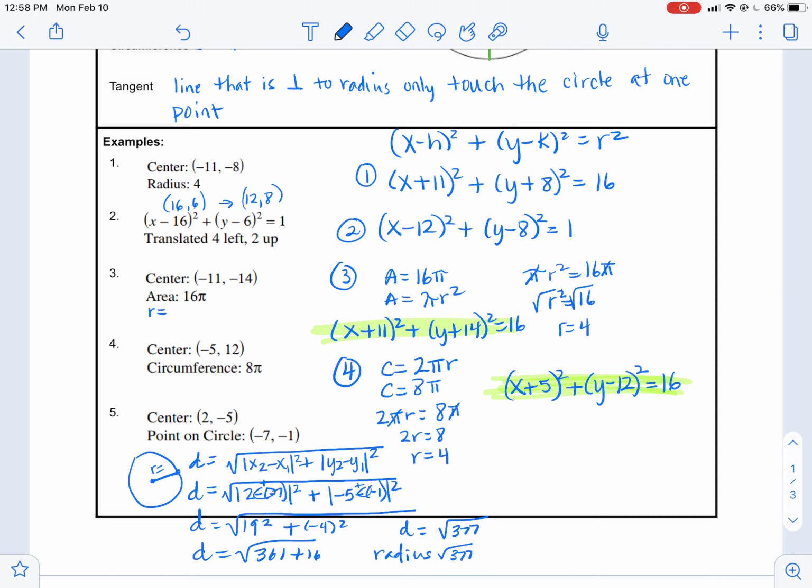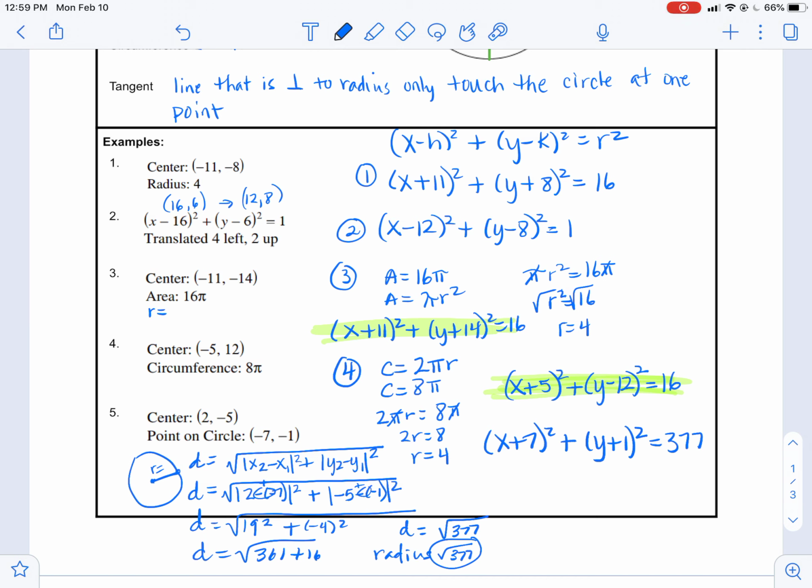Now, I don't need to put that in as a decimal or anything, because when I come up to do my equation then, x minus, so that becomes plus 7, and y plus 1, and it's radius squared, so I'm squaring that, which is going to equal 377. And you might double check my math.